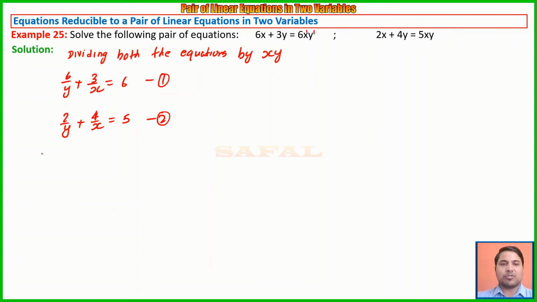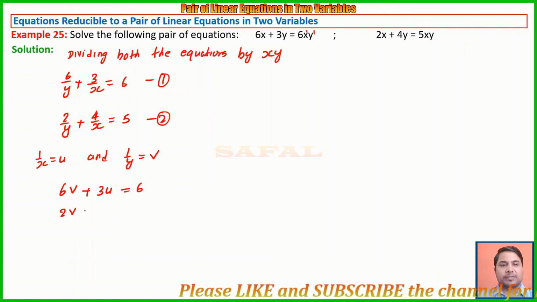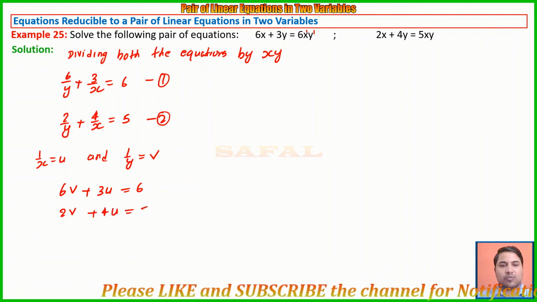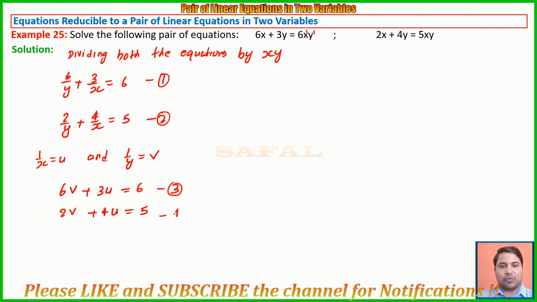So I am going to put 1 by x as u, and 1 by y as v. So I'll get 6v plus 3u equals 6 and 2v plus 4u equals 5. Let me call this equation 3 and this 4.